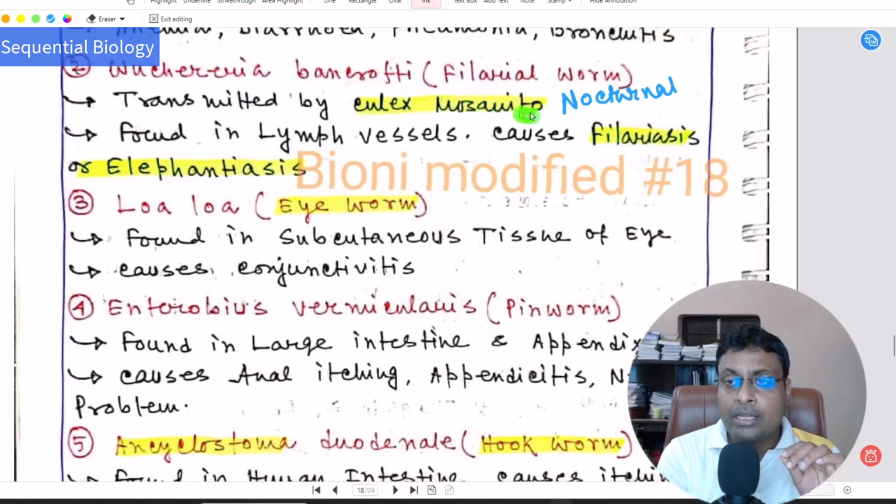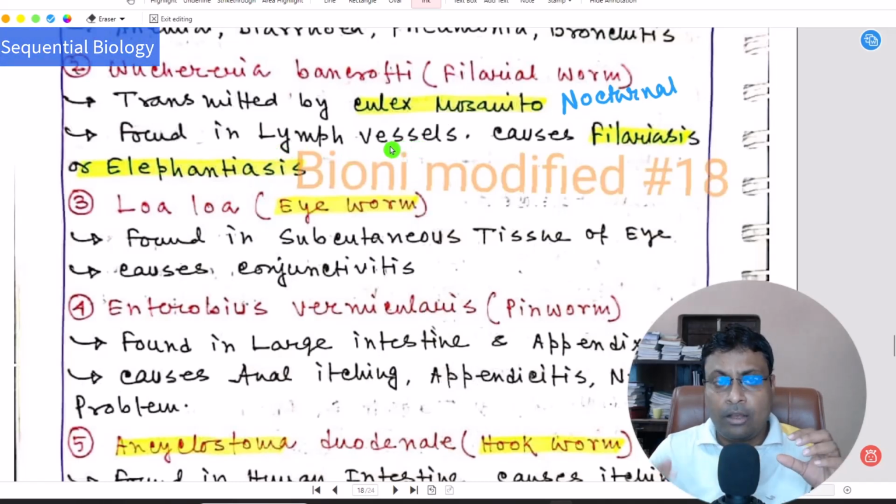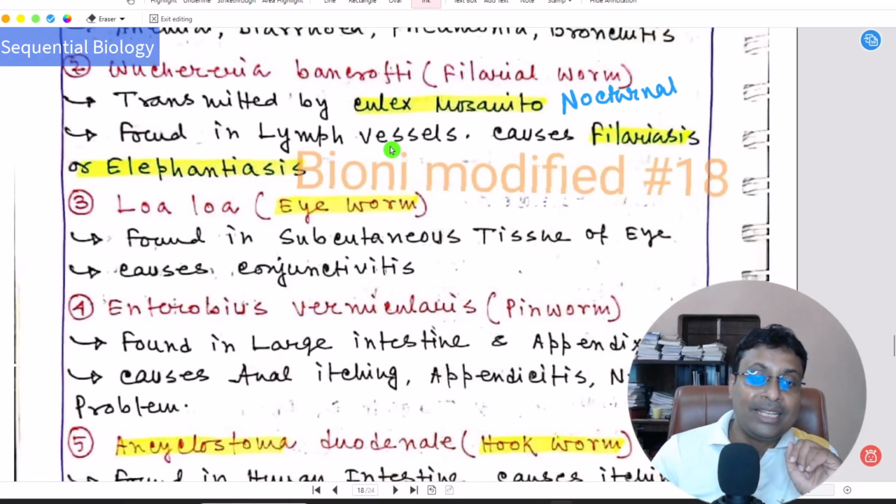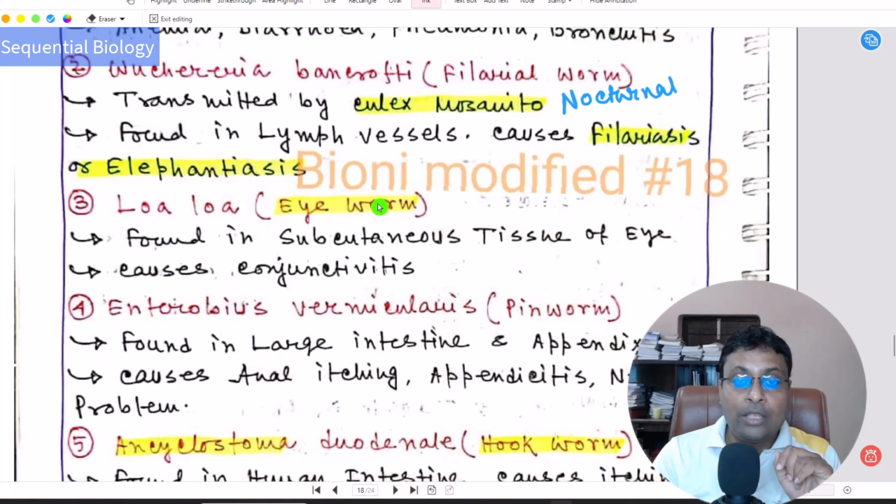This filarial worm is found in the lymph vessels, and due to its presence there, it irritates our body and the lymph cannot circulate freely. For this reason it causes swelling of our hands and legs, and these symptoms are known as filariasis and elephantiasis.